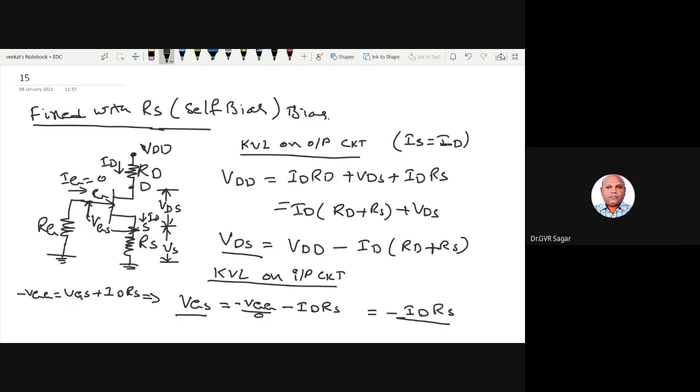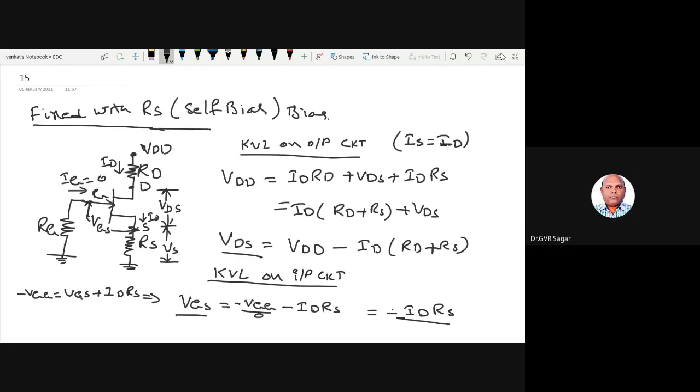The increased voltage drop increases the reverse gate voltage. VGS is equal to minus ID into RS, so ID into RS is the voltage drop across RS. As the ID current increases, the voltage drop is increased. So internally VGS is increasing, the reverse gate to source voltage is increased.